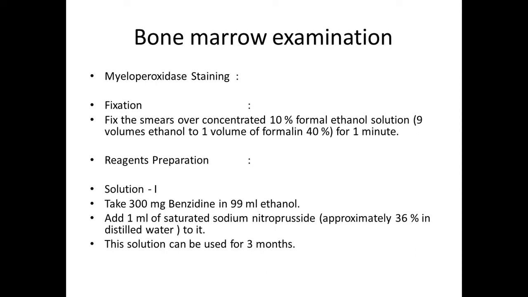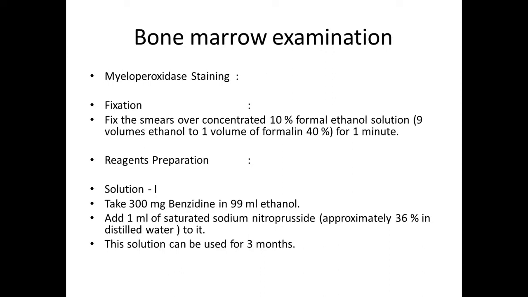So we take 9 ml of ethyl alcohol and 1 ml of 40% formalin. We mix it. So this is a 10% formal ethanol solution. We fix the smears over this solution, and further these fixed smears will be used for myeloperoxidase stain.